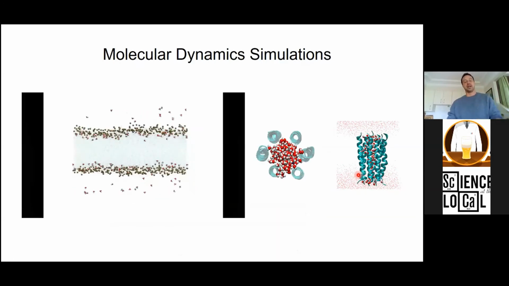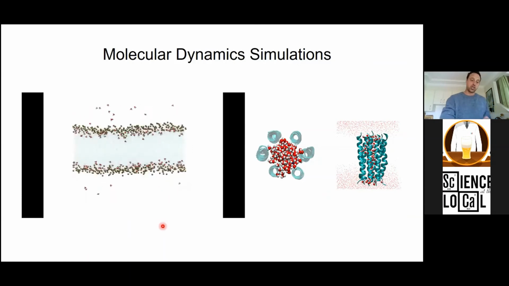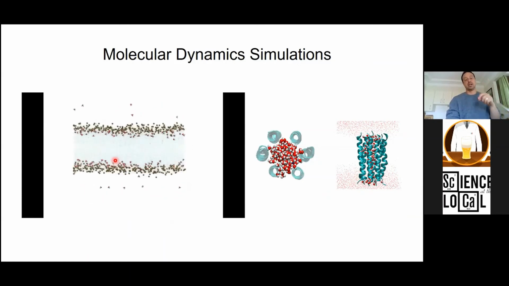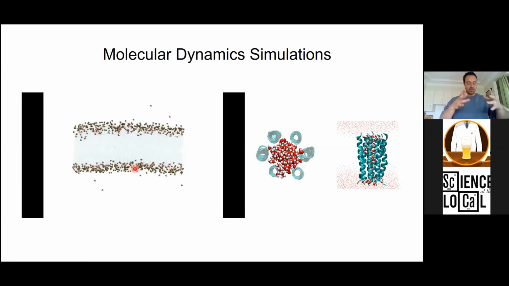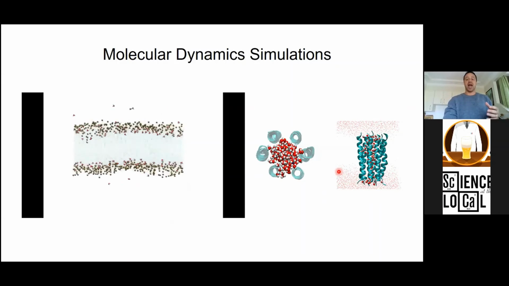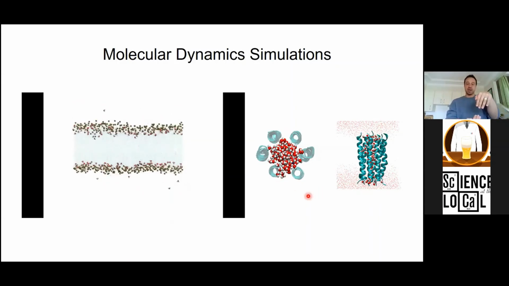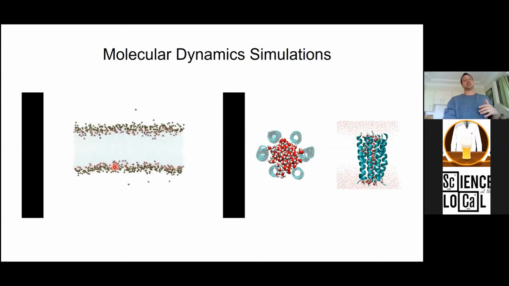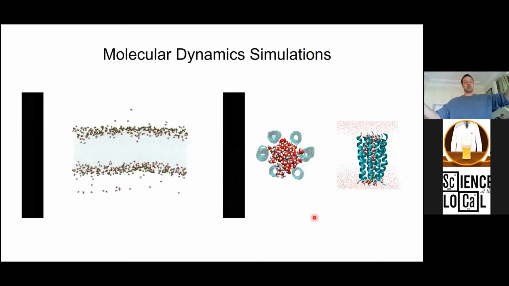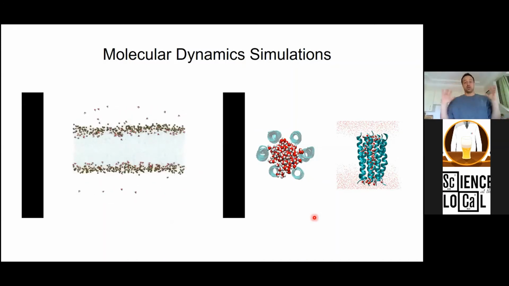Evelyn in particular is the master of molecular dynamic simulations. What she can do is model in a computer a couple of hundred lipids and create a lipid membrane in silico. Then she can add various proteins and see where they fit and how they insert into membranes in silico. She can do dynamics where you add something and then wait and see what happens and where it goes into the membrane. This is all to do with supercomputing.